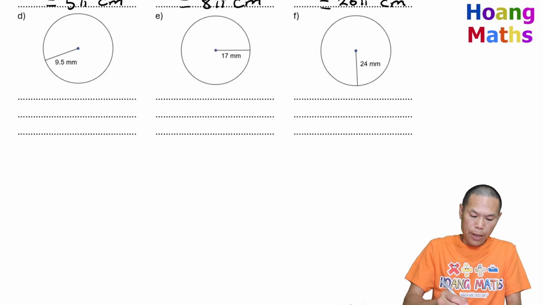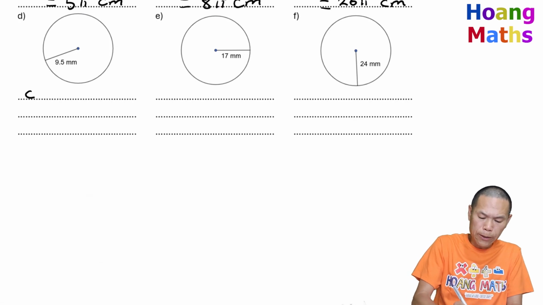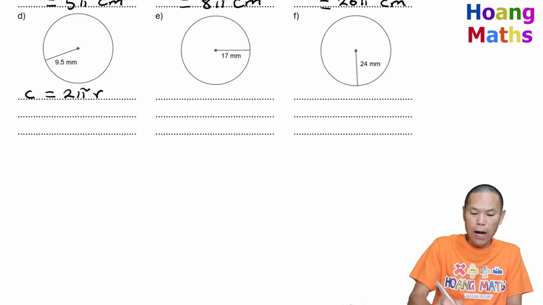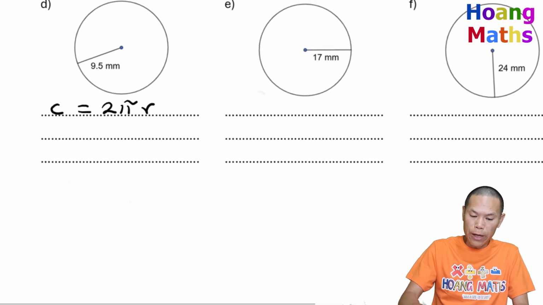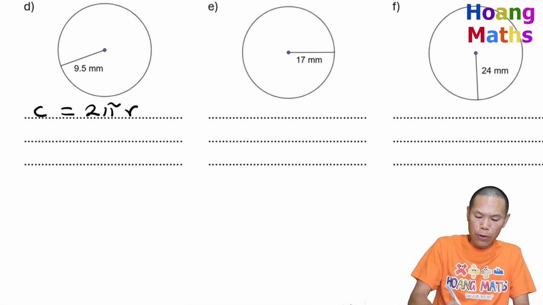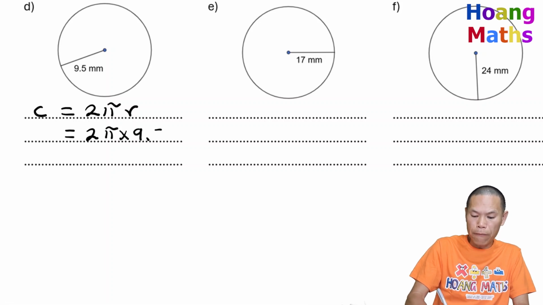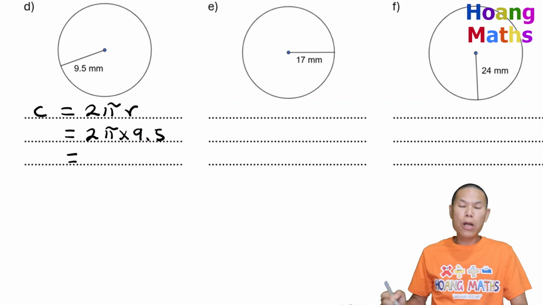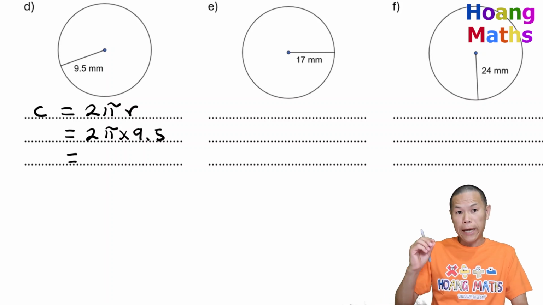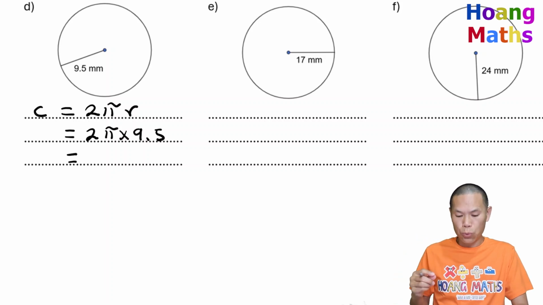Part D. Again, circumference is 2 pi r. And the radius is 9.5. So that becomes 2 pi times 9.5. And we know that 2 times 9 is 18. And a half times 2 is 1.